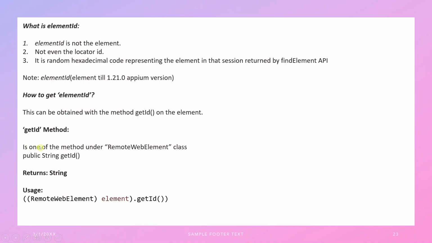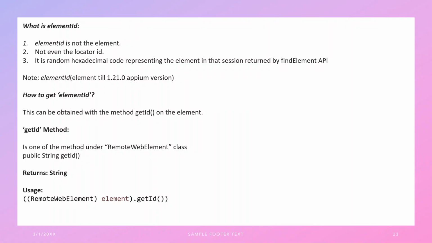The getId method is one of the methods in the RemoteWebElement class. If we use this getId method, its return type is a String, and this is the usage, how we are able to use this method.